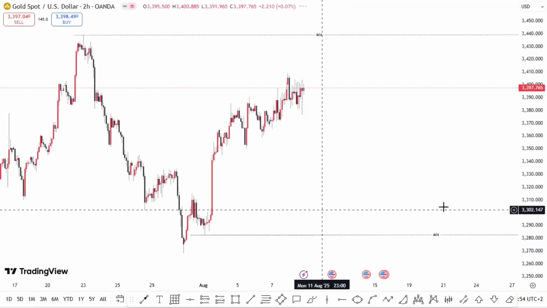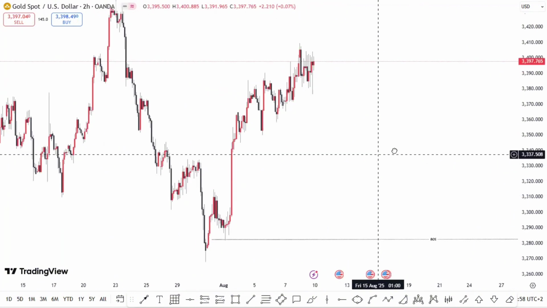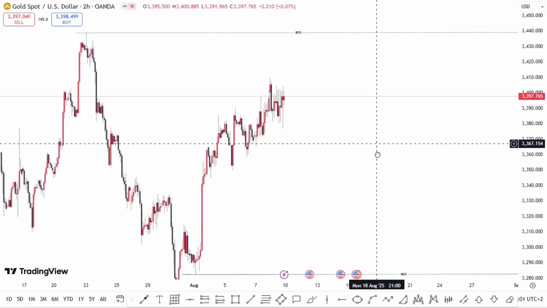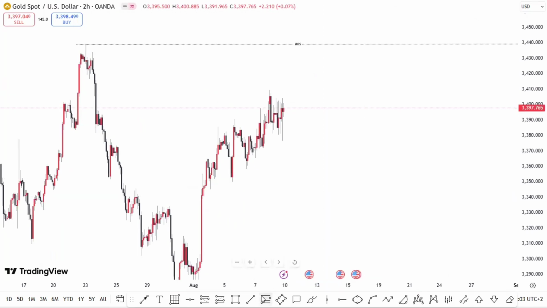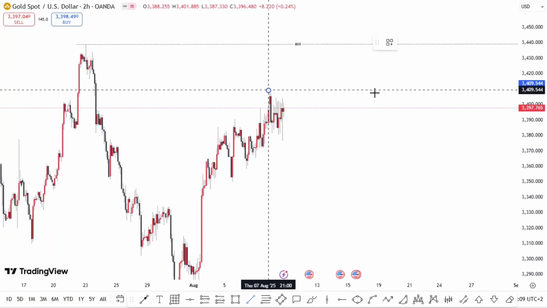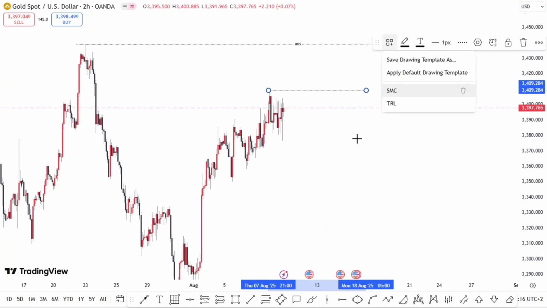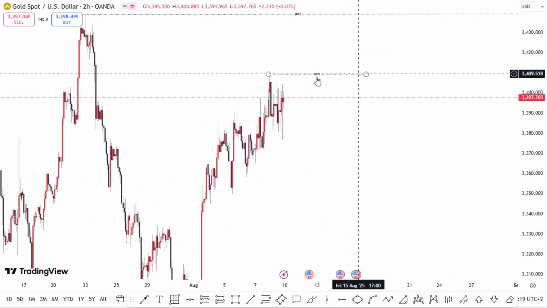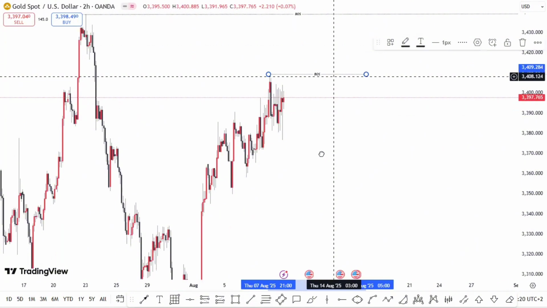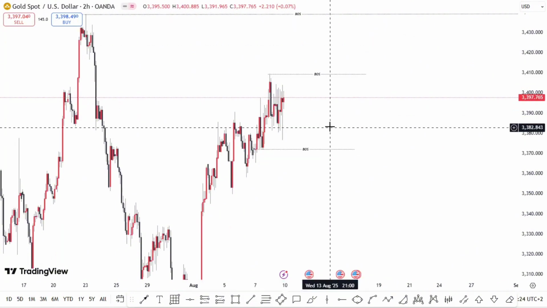Even though they are far, they are still valid. Okay, let's dive into the lowest time frame. I see something here, break of structure there. Let me draw my break of structure here, my second one there.